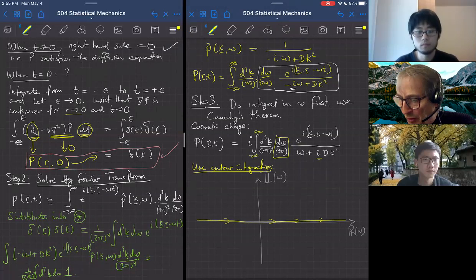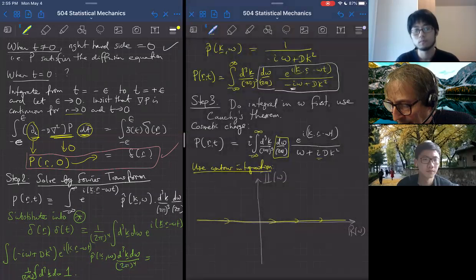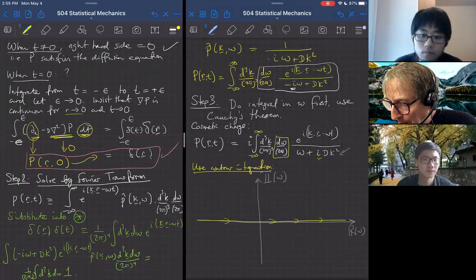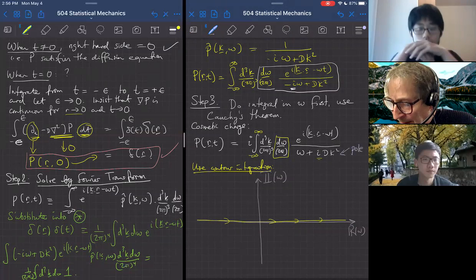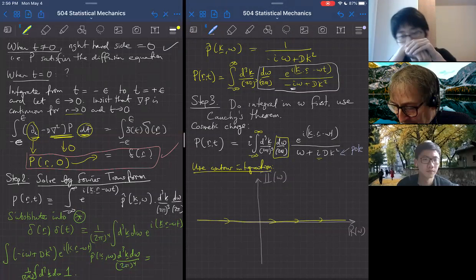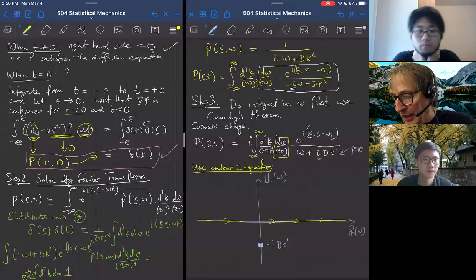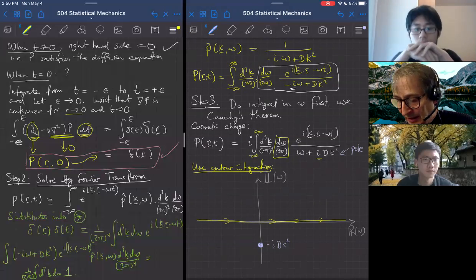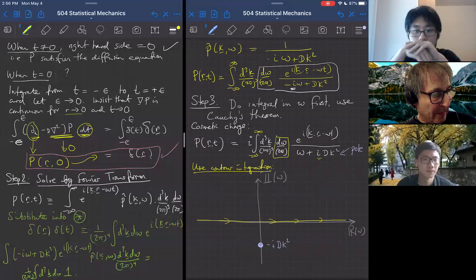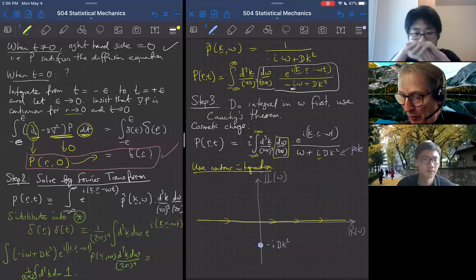Well, what I want you to notice is that this integrand here has a pole, because when omega is equal to minus i d k squared, so let's put that pole over here, then this integral becomes infinity. So I can think of two possible ways to do this integral.